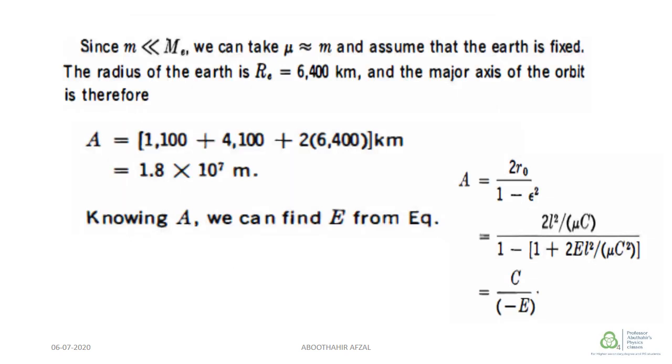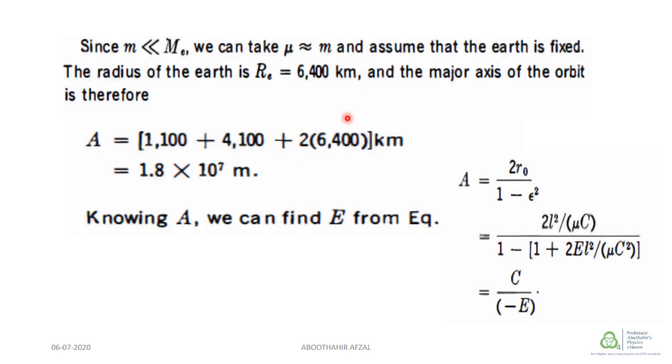Since the satellite mass m is very small compared to the mass of the Earth, we can take the reduced mass as approximately equal to the mass of the satellite and assume that the Earth is fixed. The radius of the Earth is 6400 kilometers, and therefore the major axis of the orbit is calculated: 1100 plus 4100 plus 2 times 6400.